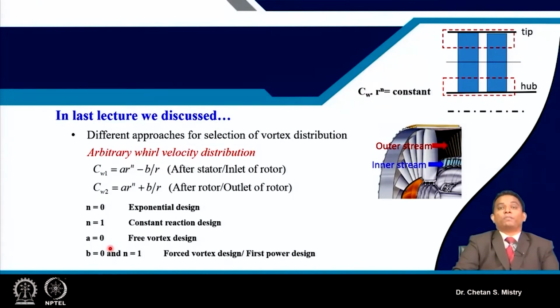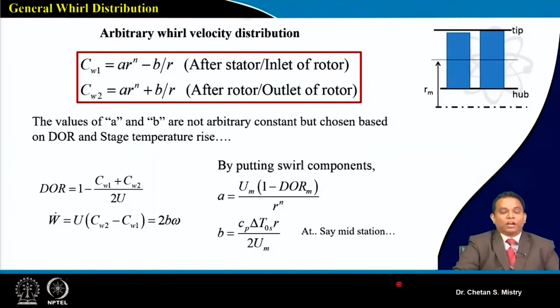Today we will discuss how we use this exponent in our design calculation and what the impact will be on the calculation of flow angle and the degree of reaction. Before going into detail, let's consider what we discussed in the last lecture.